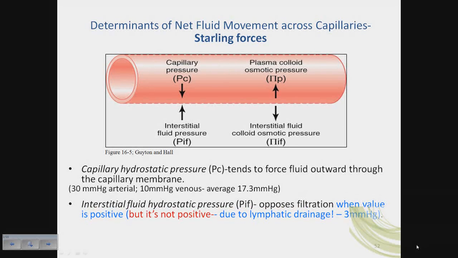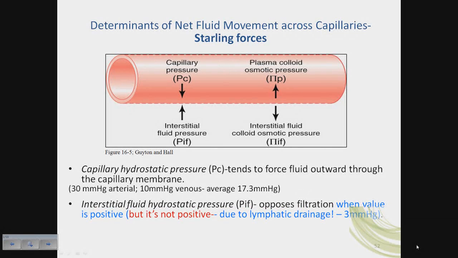But let's remember that there are lymphatic vessels. They are suctioning off this interstitial fluid. They are acting like a vacuum, a straw, if you will. And so this value is a negative value. This pressure is a negative pressure. It is minus 3 millimeters of mercury.